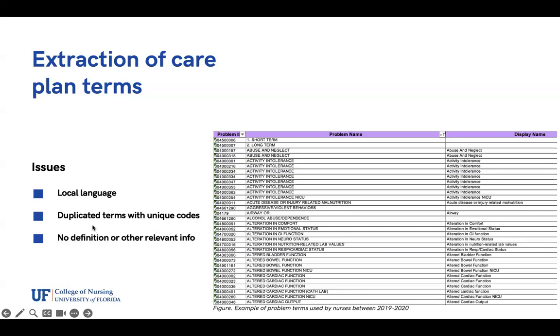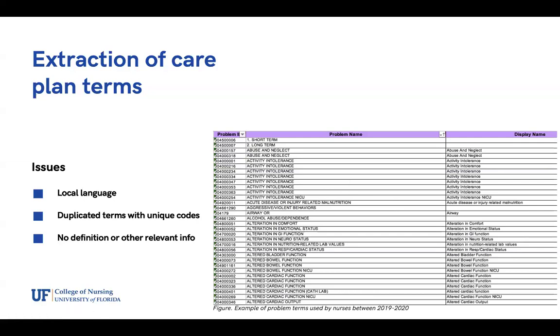But also, there's no definition or other relevant information for these terms here. So when a nurse goes to document a care plan, they can select a term, but that term comes with no definitions or anything like that. So that might cause issues where nurses from different units interpret those different patient problems or nursing diagnoses differently, which causes a lot of issues when we think of data quality.